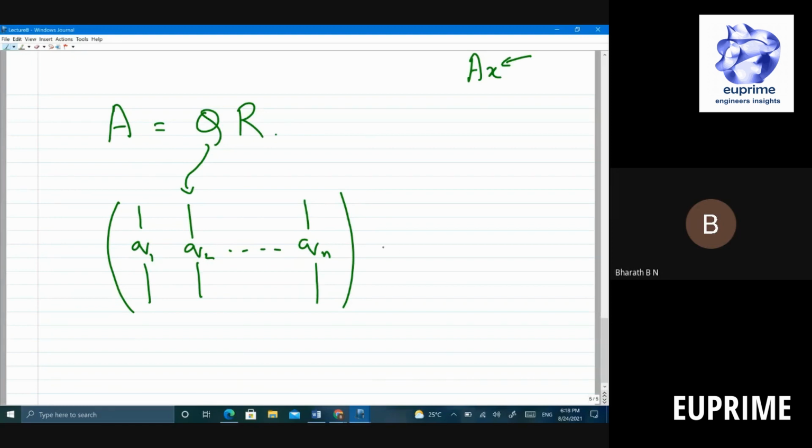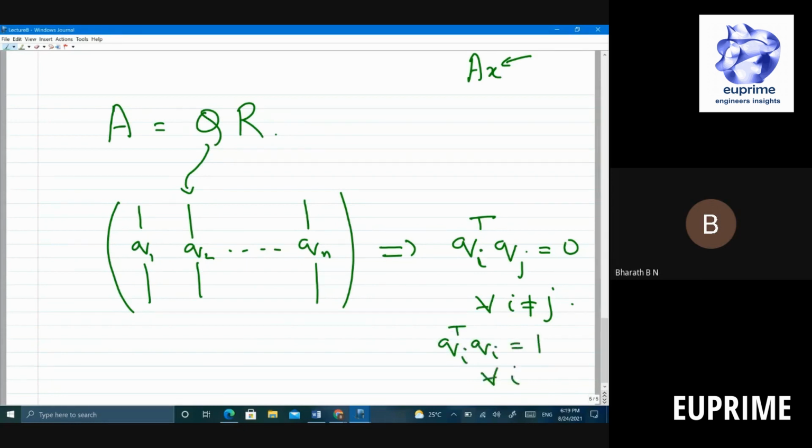If you look at, for example, Qi transpose Qj, that means the dot product, the inner product of two columns, it will be 0 for all i not equal to j. You take any two different columns and take the inner product, you will get 0. That means they are orthogonal, right? Of course, Qi transpose Qi is 1 for all i. That means Q1 transpose Q1 is 1 because we have orthonormalized, right?